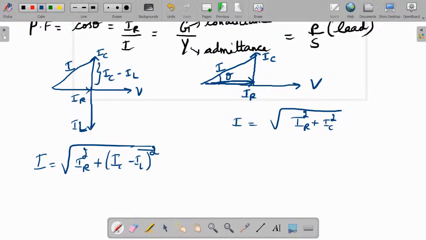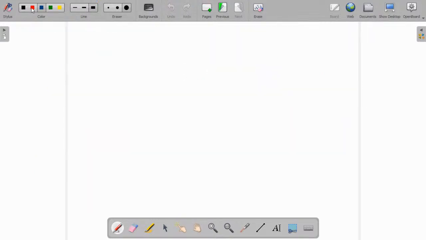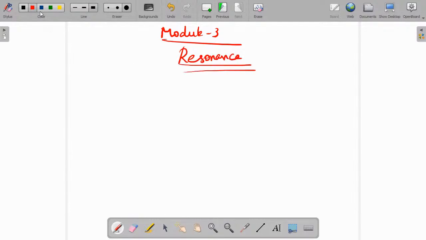Okay, so next I will be taking resonance. Module 1 and module 2 we have completed. Next is module 3, and the first topic is resonance. Okay, so what is resonance?